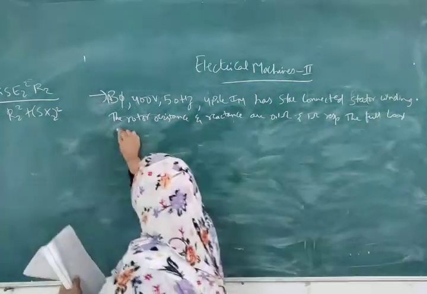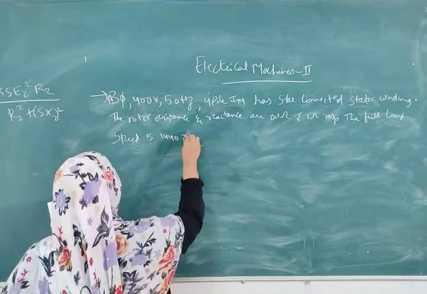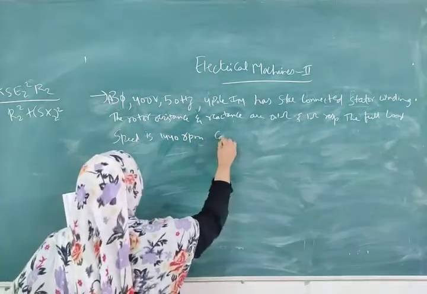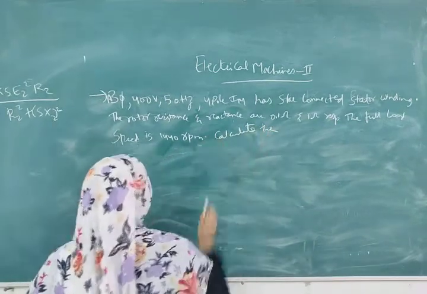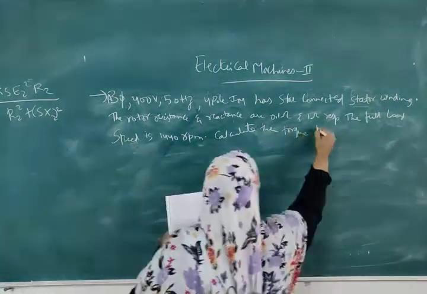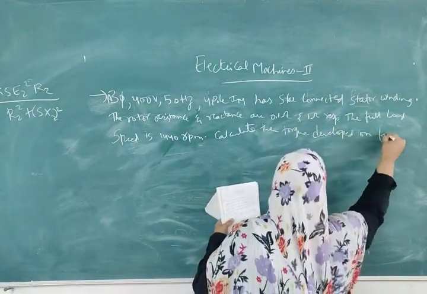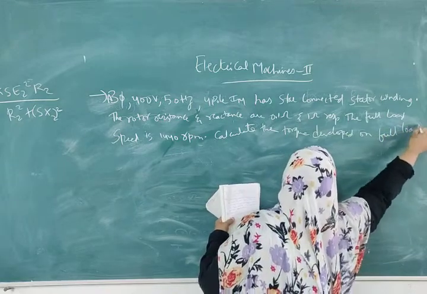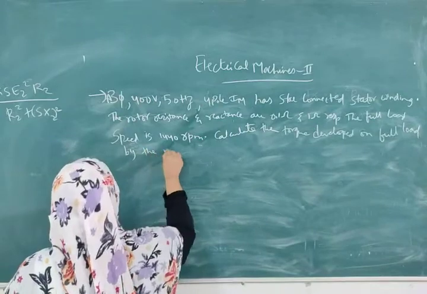The full load speed is 1440 rpm. Calculate the torque developed on full load by the motor.